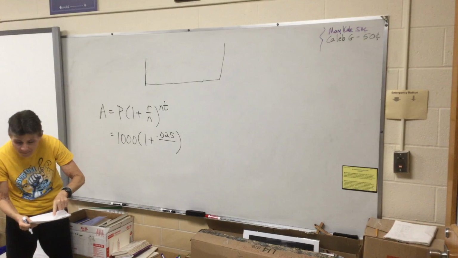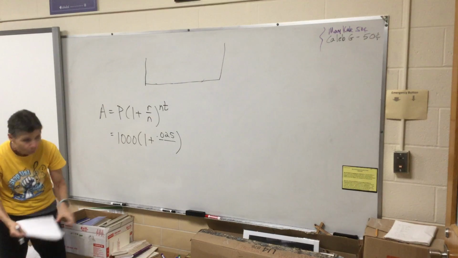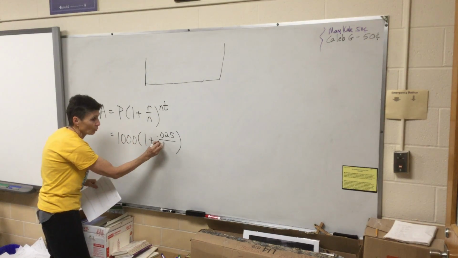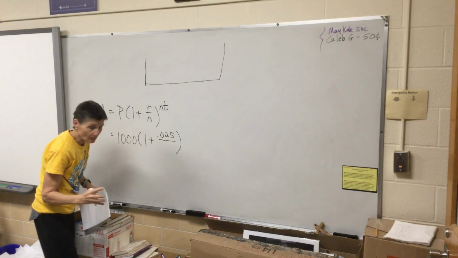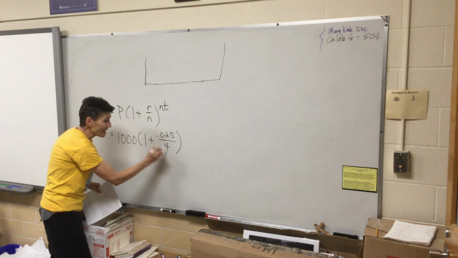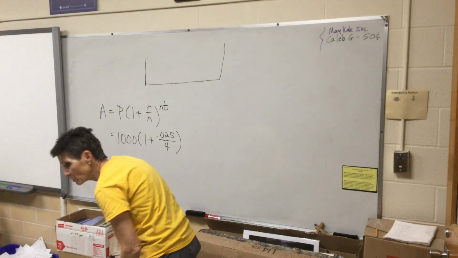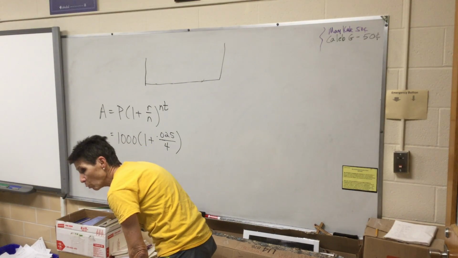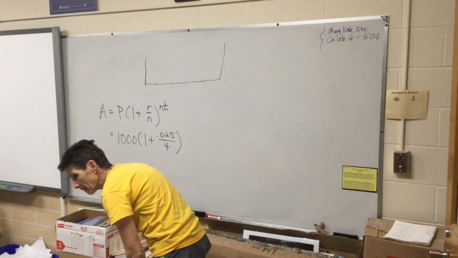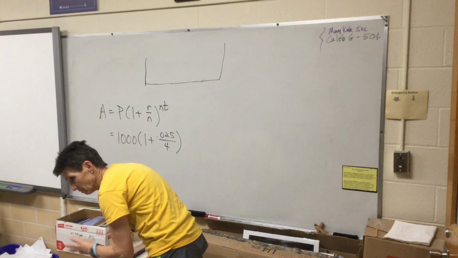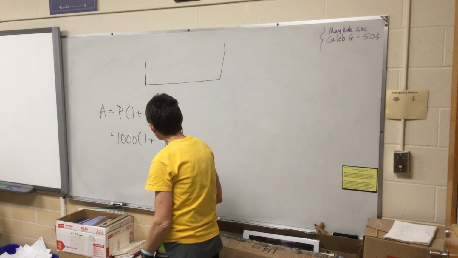Now it's compounded quarterly, which means my N is going to be 4. N is the number of times a year that you compound. So quarterly means you're compounding 4 times a year. Monthly would be 12. So we got another 4 up here.